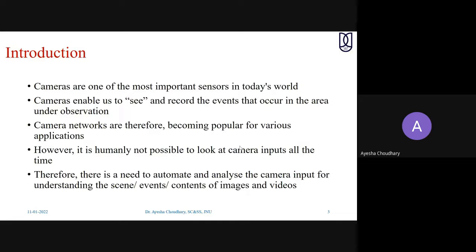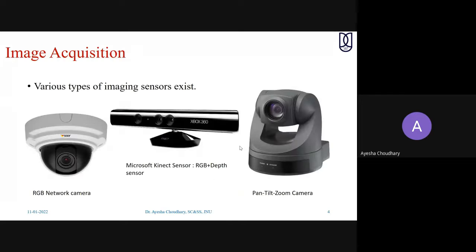Therefore, there's a need to automate and analyze the camera input. Also, if you want to go back and look at things, you would want to know what really happened in the whole scene at a particular time. It's not easy to go through every video and build the whole picture. But if we could analyze that data, keep it and use that information, it would be far easier for us.